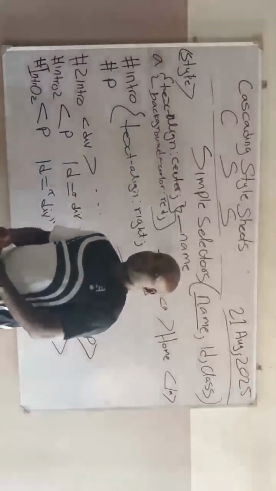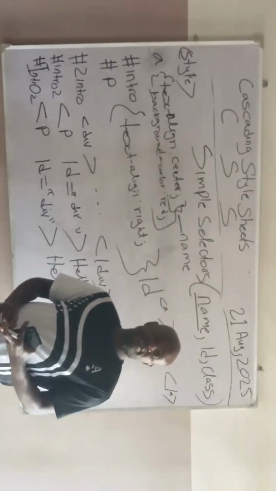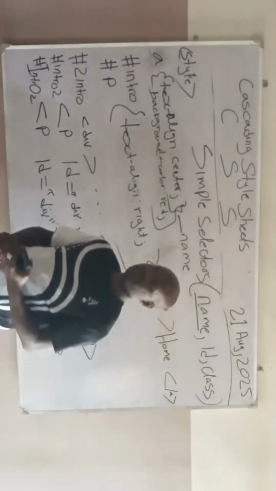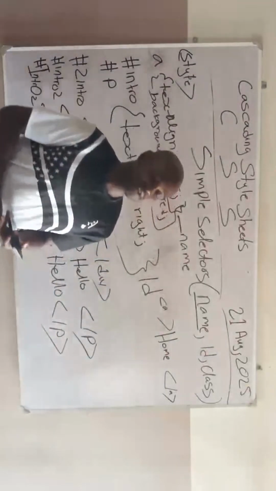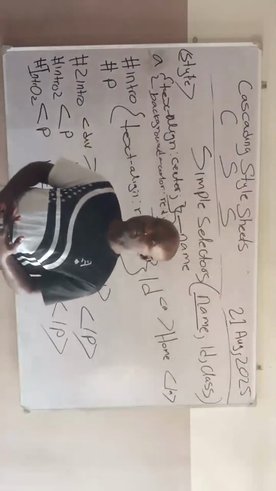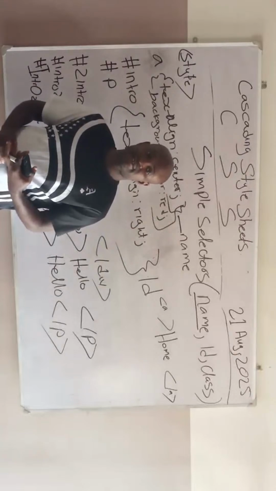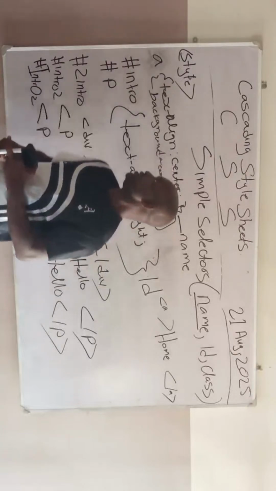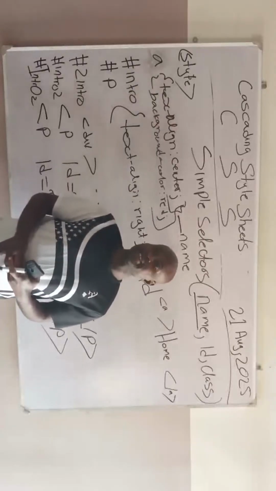And we remember that selector, right? And we said that we focus on the simple selectors first. And we said simple selectors select the element based on what? Name, ID, and class.